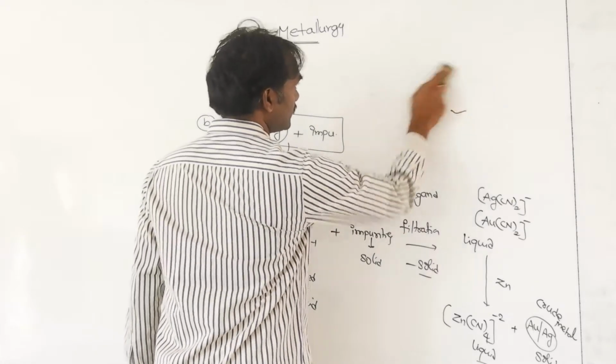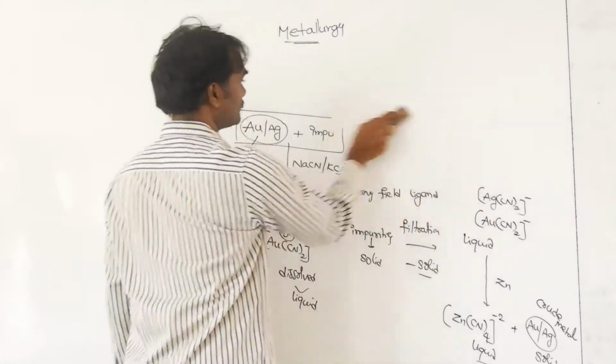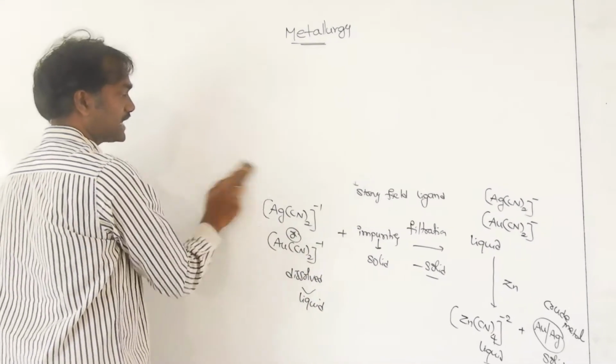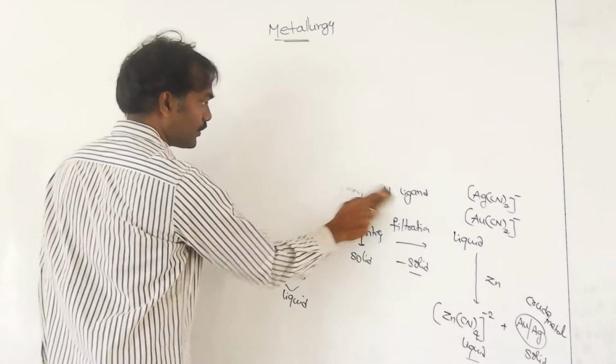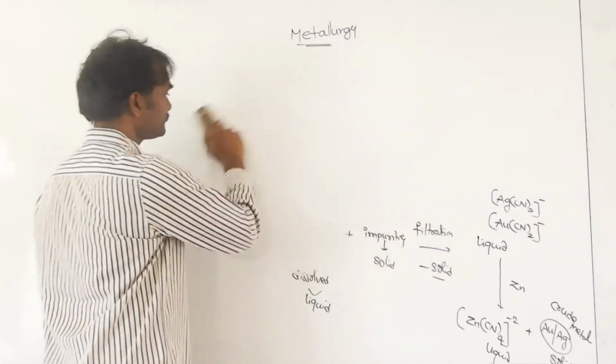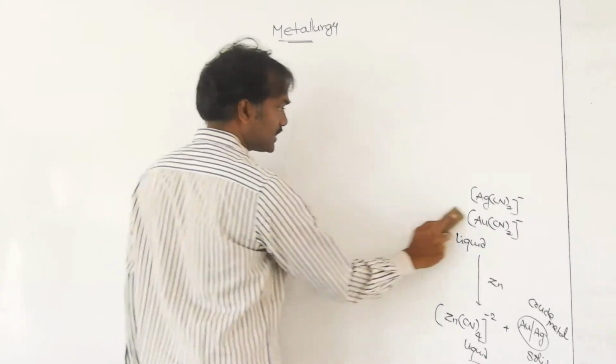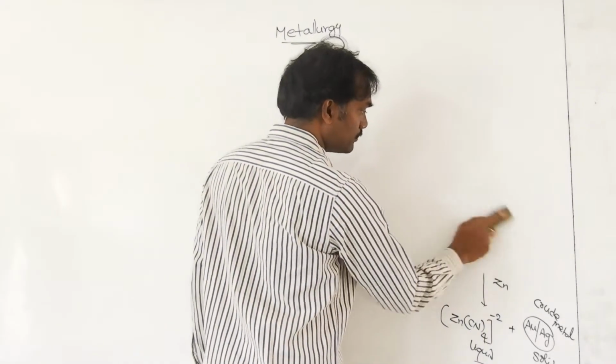So in metallurgy we have completed the first process. Now we are going to the second process. What is the second process? Already we have given it: preparation of crude metal.